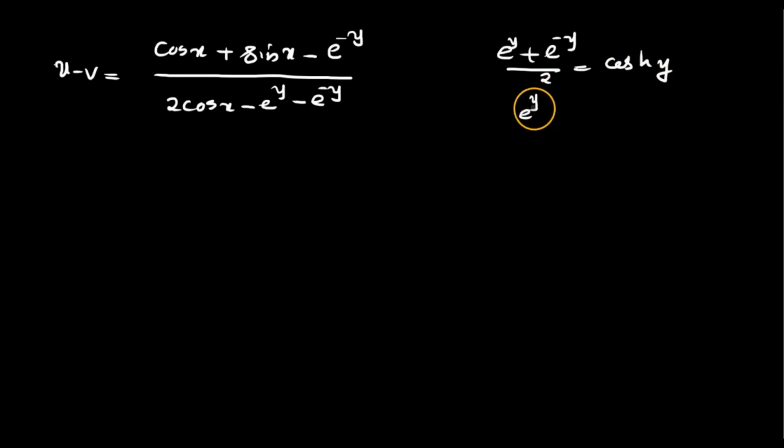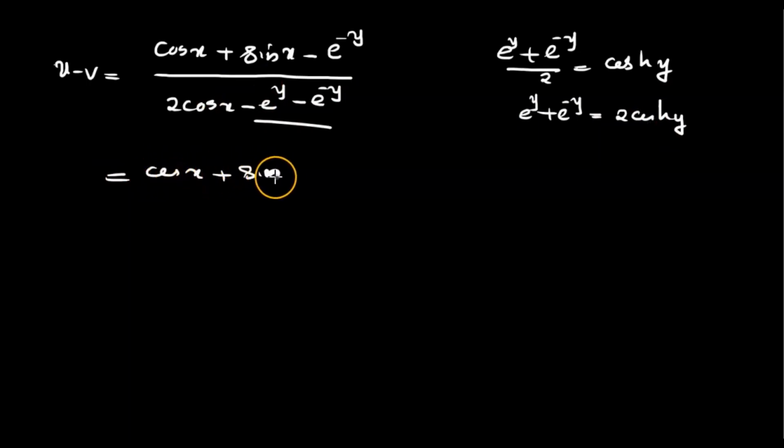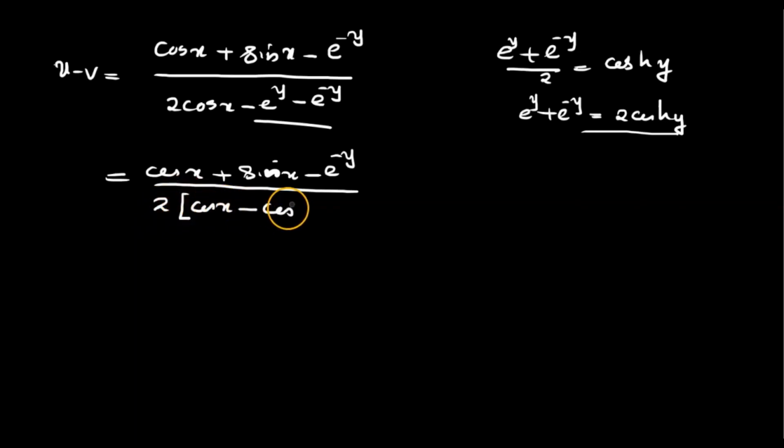So e raised to y plus e raised to minus y is 2 cosh y. So we can write it as (cos x plus sin x minus e raised to minus y) divided by, this is minus of 2 cosh y, so we can take 2 as common, 2 (cos x minus cosh y). So this is our u minus v.